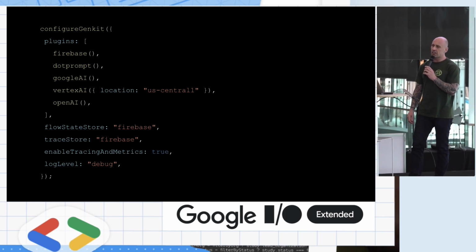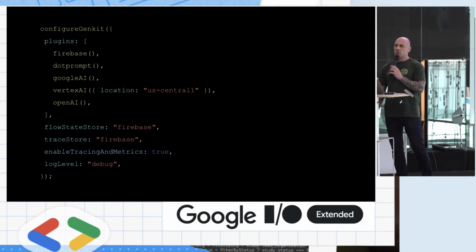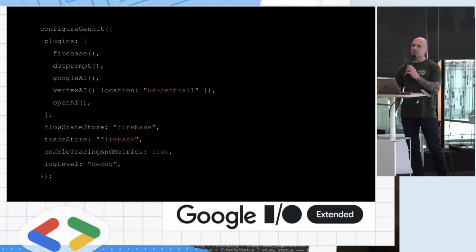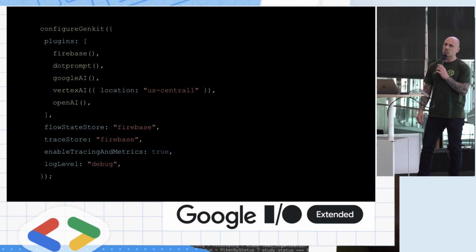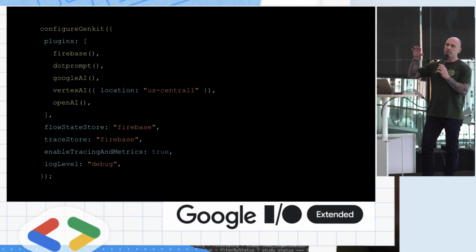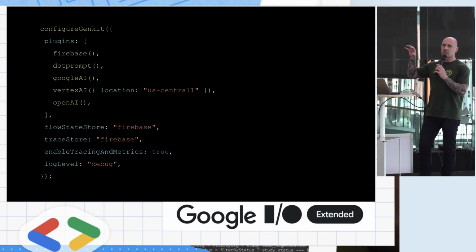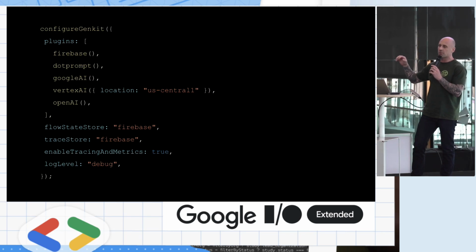We can also configure the flow state store. In this case, we are choosing to store it on Firebase, and the flow state store is enabling us to store the state of the flow, so we can run flows at a scheduled time or interrupted.